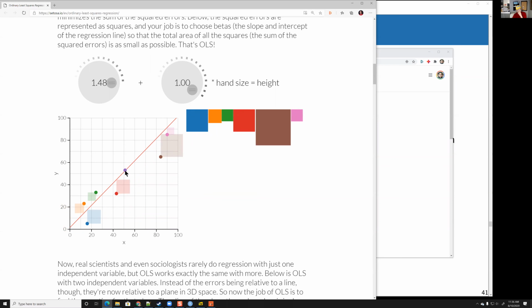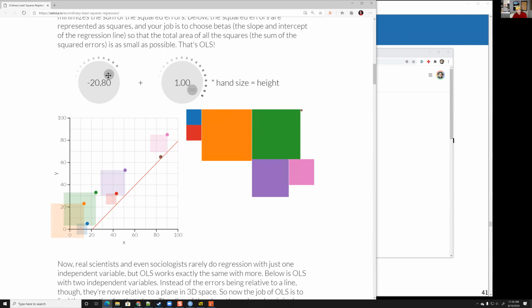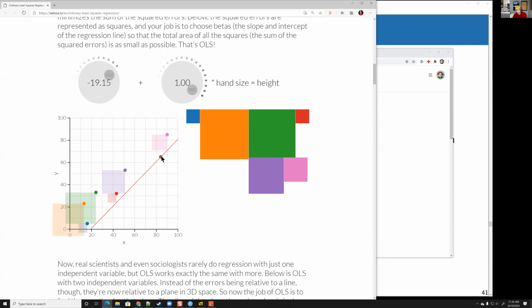This purple dot has no residual, but there is a fairly big residual for this brown dot here. The brown dot has a big residual, and when you square that residual, you get a big brown square. I can move the line down so that the line goes through the brown dot. If I do that, the brown dot has no residual.